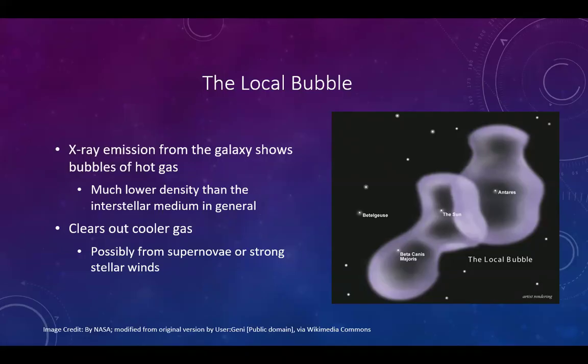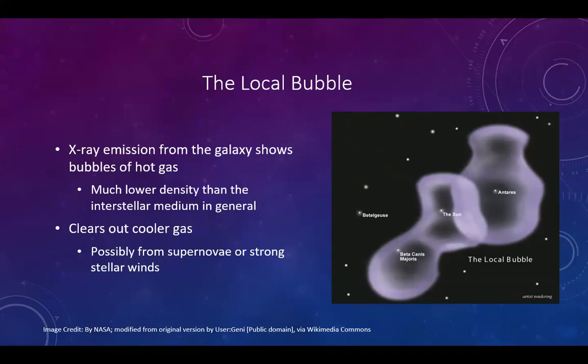So this is probably something that happened during the formation of various stars, and it cleared out the area of cooler gas. This is possibly from supernovae or strong stellar winds. Something happened and caused these areas to clear out. The gas got heated up and blown away. And we're in the middle of one of these. This is what's known as the local bubble.